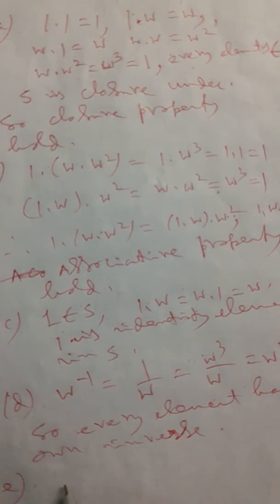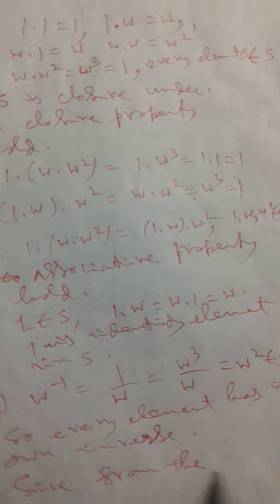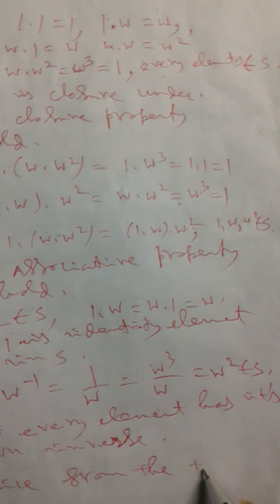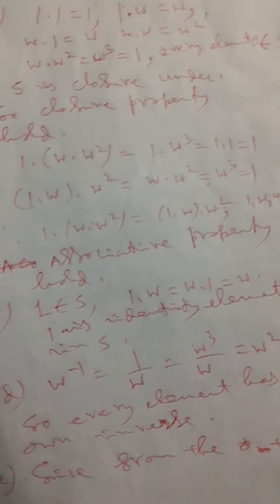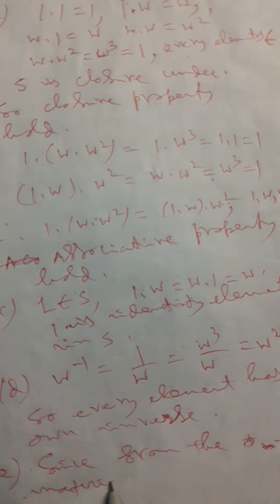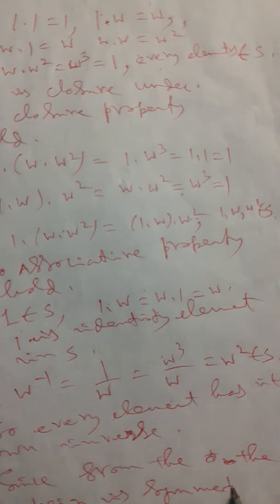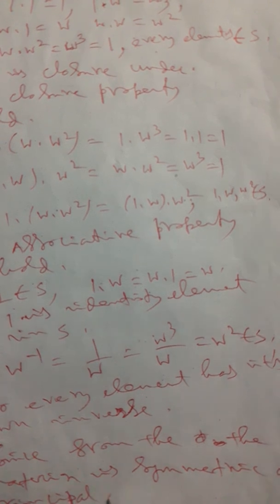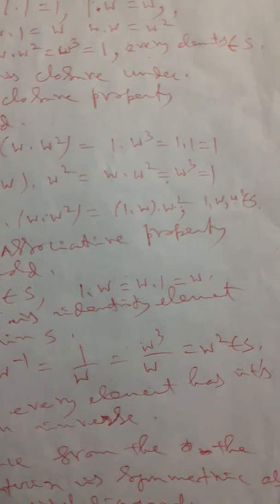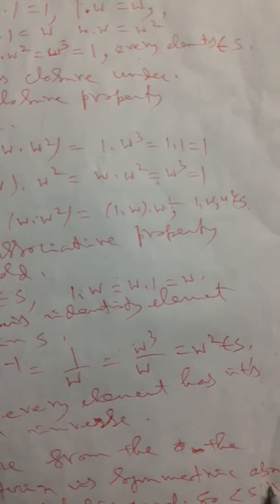We also noticed that the commutative law holds, since from the table the matrix is symmetric about the principal diagonal. So S dot is an abelian group.